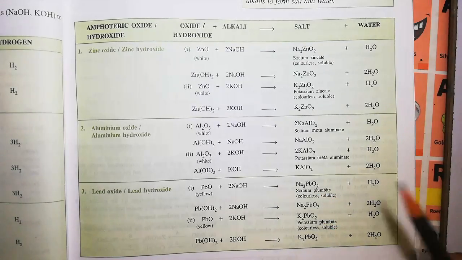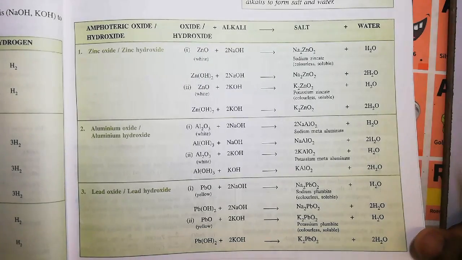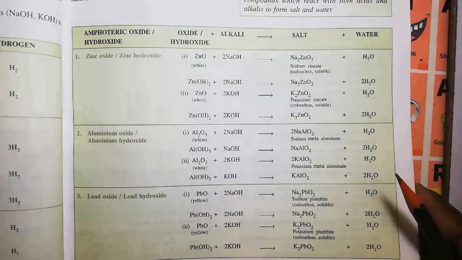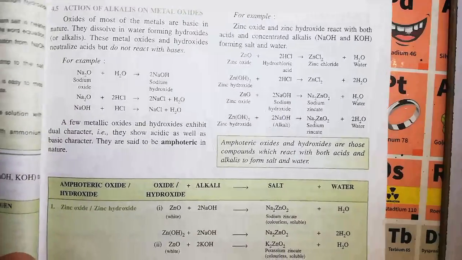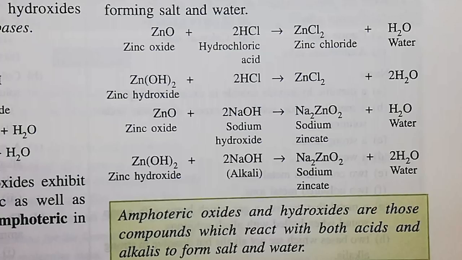Okay, now let's move to one very important reaction here. Why is zinc oxide called an amphoteric oxide? Do you know why? Amphoteric oxides and hydroxides are those compounds which react with both acids and alkali to form salt.